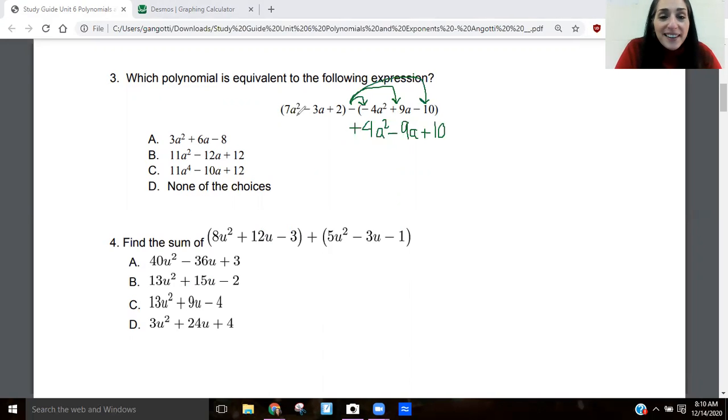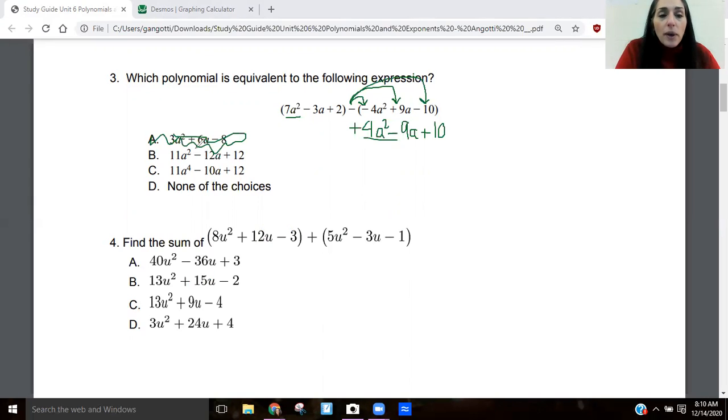All right, so 7 plus 4, those are going to combine, right? So that'll be 11a squared. So therefore, it is not going to be A. -3 minus 9 is, remember when they're both negative, you just really end up combining them.